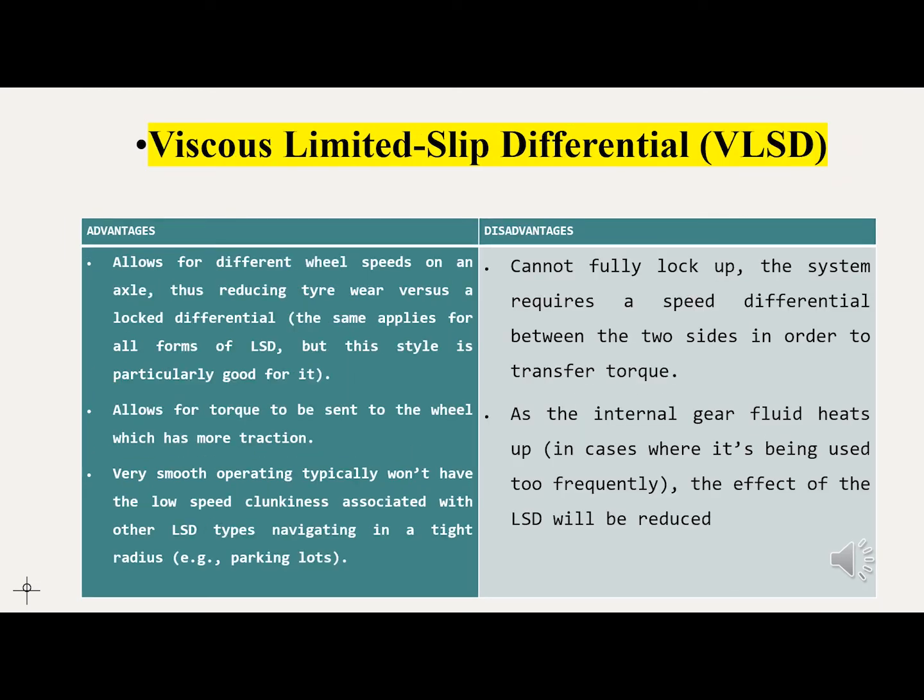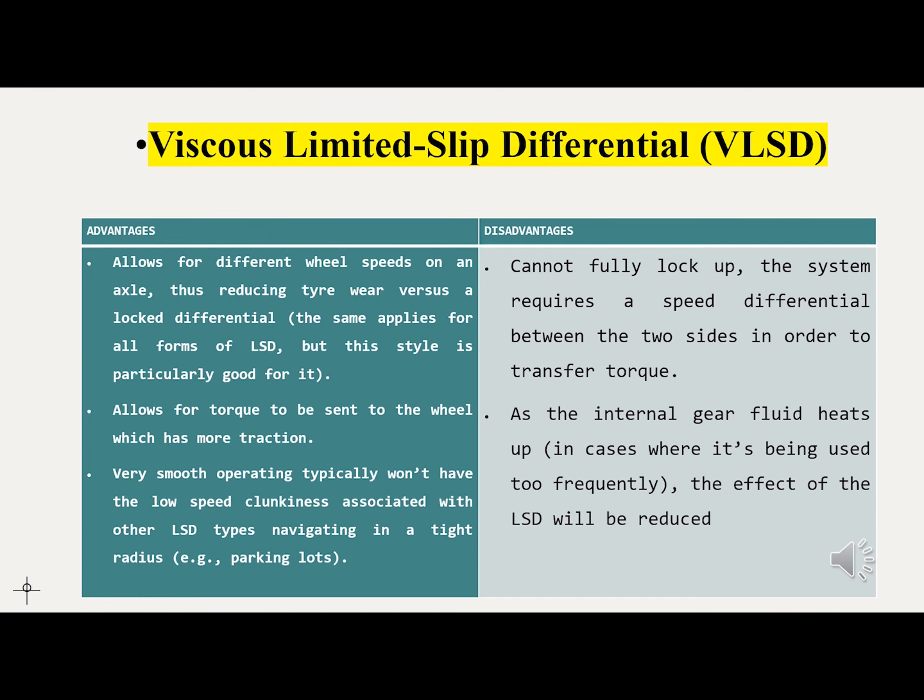The last type of differential of a car is the viscous limited slip differential. The advantages are: first, it allows for different wheel speeds on an axle, thus reducing tire wear versus a lock differential. The same applies for all forms of LSD, but this style is particularly good for it.